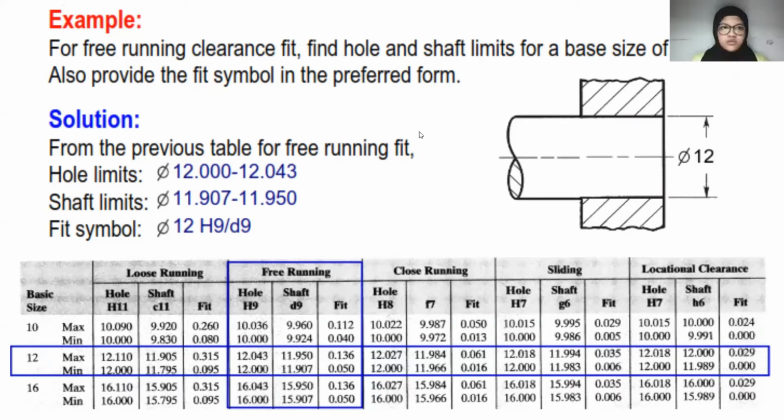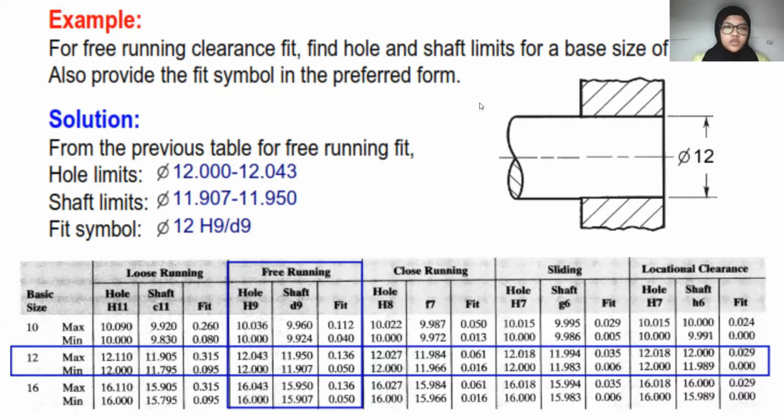For example, this is an example for clearance fits. It is for free running fits. For free running clearance fits, find hole and shaft limits for a base size of 12.